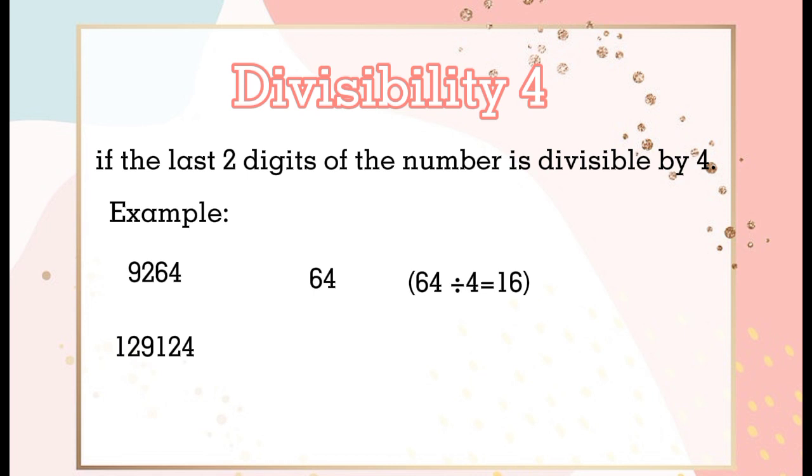The last two digits are 2 and 4. 24 divided by 4 is 6, so it is divisible by 4. The next is 216. The last two digits are 16. 16 divided by 4 is 4. That's why 216 is divisible by 4.